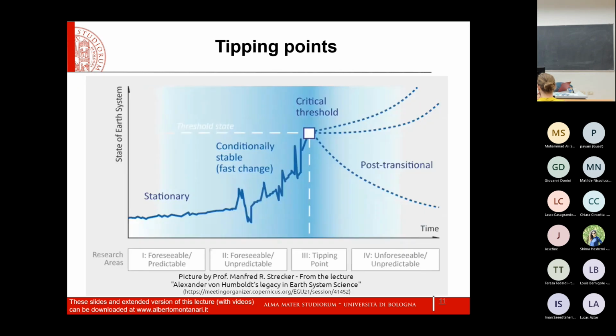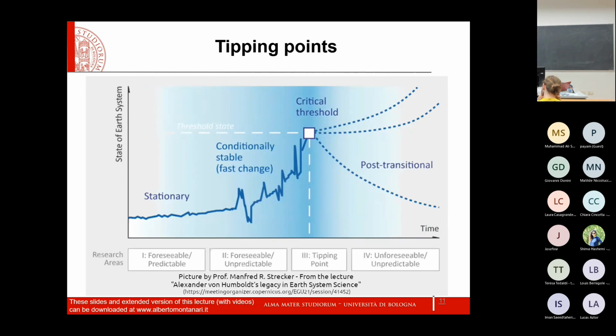I am also skipping this nice picture about tipping points, which highlights once again the uncertainty in future predictions. When we reach a critical threshold, this is typical of environmental processes, there might be tipping points that, once reached, may cause the system to evolve in an unpredictable way.